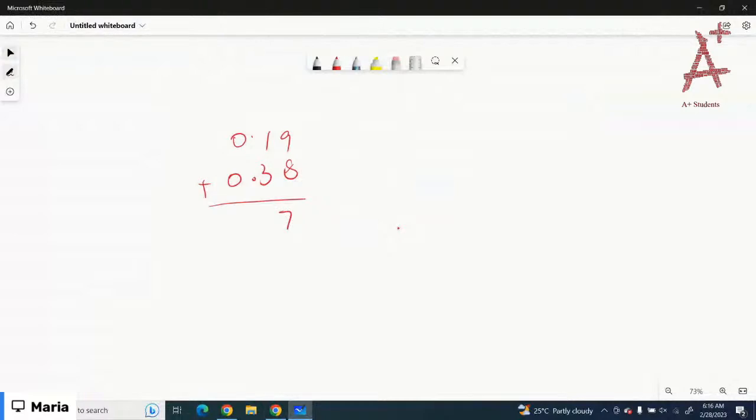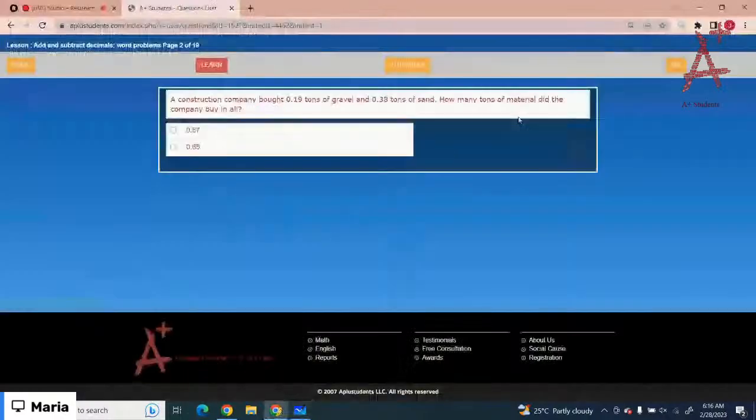You have to write 7 over here and carry 1. 3 and 1 is 4, and 1 is 5. So it would be 0.57. Got it? That means the company bought 0.57 tons of material in all. Got it?